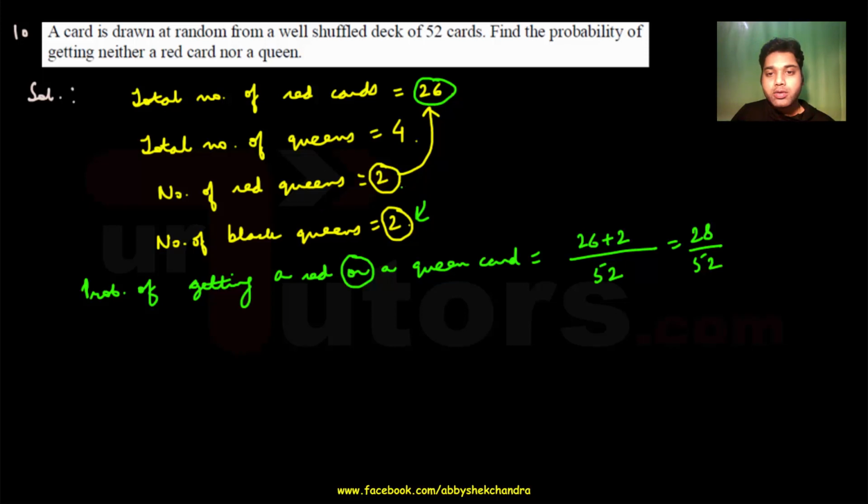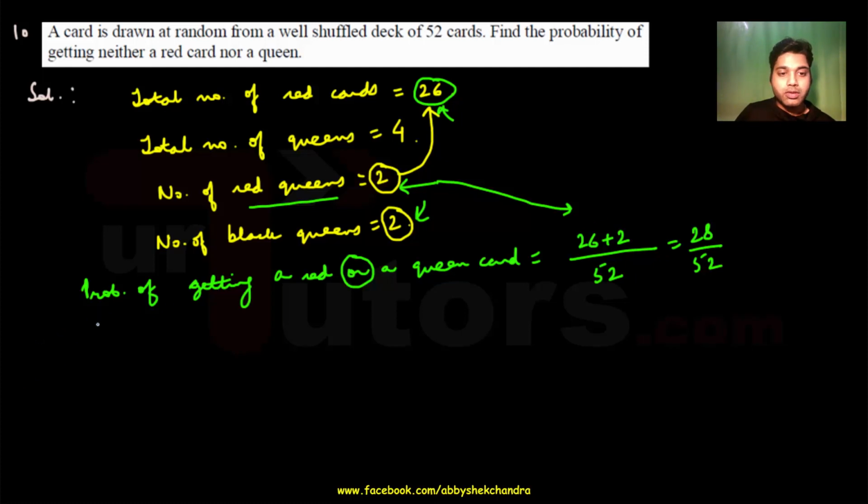Now why did we not add this 2 here? Because these red queens are already counted in these 26 cards, but these 2 black queens were not counted, and we need that in the event as an option. So we are going to add this 2 to this 26, so you'll get 28 by 52.